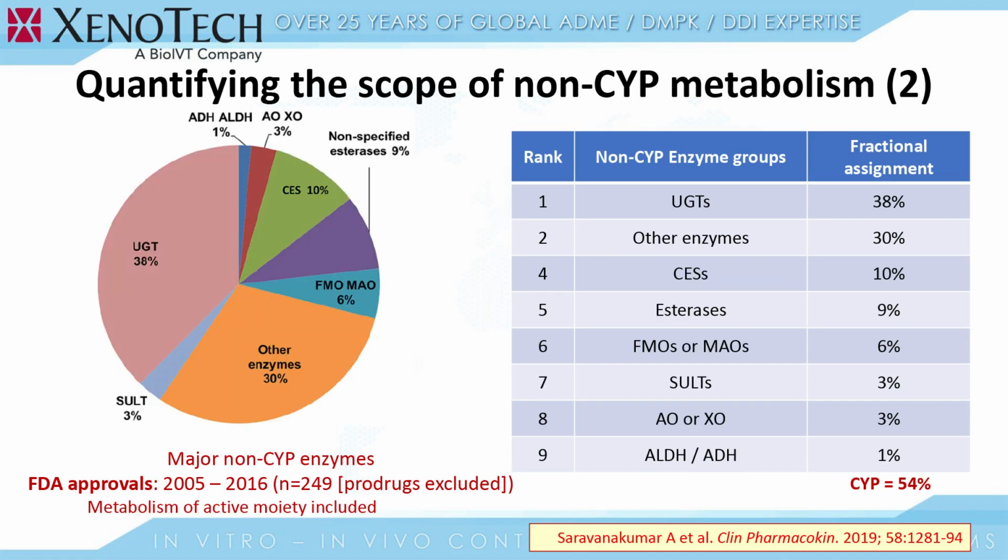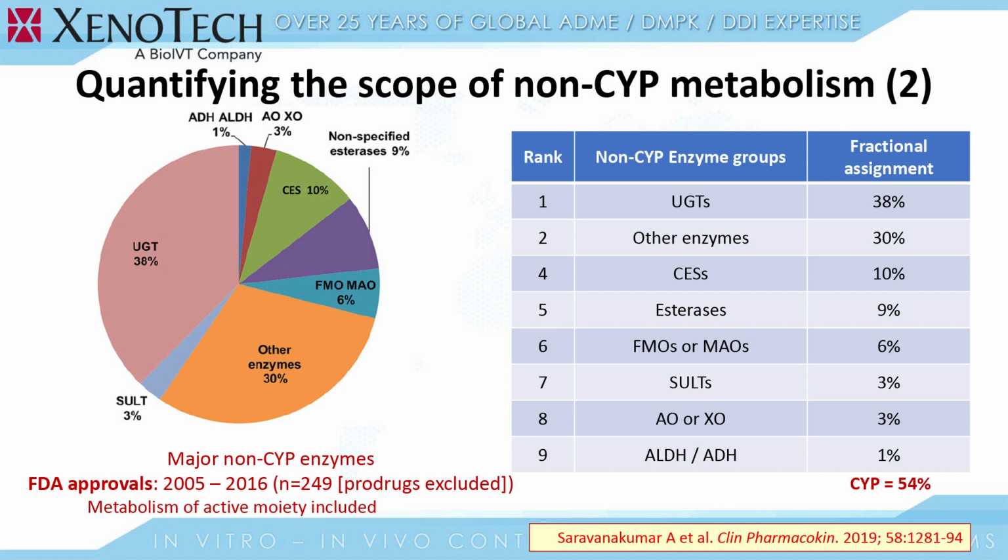Now, I'd also like to present some data that was put out by Sarvana, Kamur, and colleagues in 2019. In this paper, they were looking at 250 drugs that were approved between 2005 and 2016, again excluding prodrugs in this analysis.